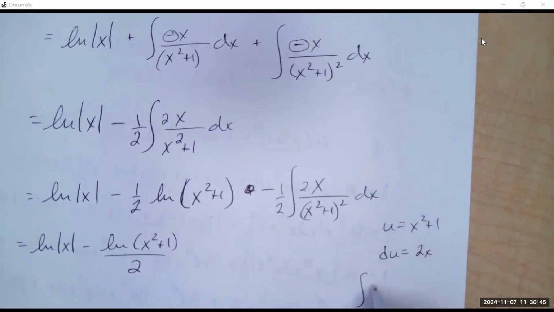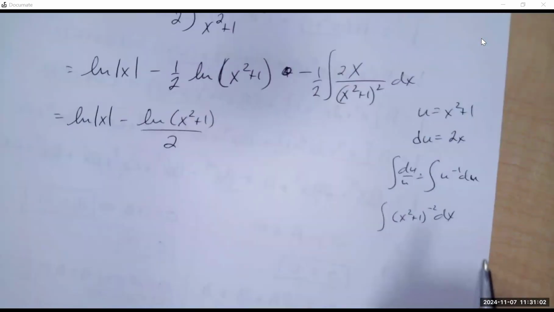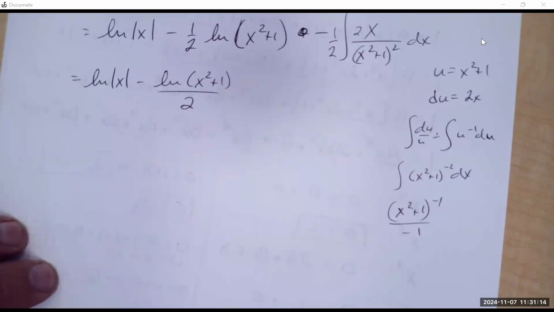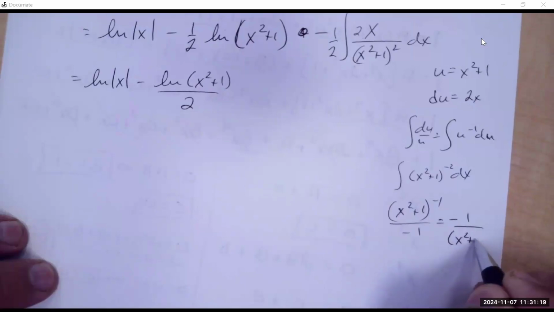So right now we have du over u, which means we can change it to u to the -1. So the integral of x squared plus 1 to the power -2 becomes x squared plus 1 to the -1 over -1. Which becomes -1 over x squared plus 1.